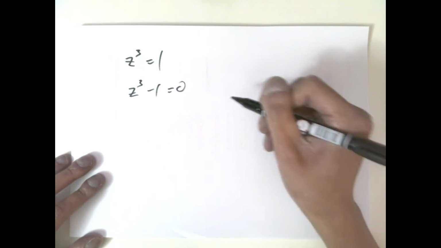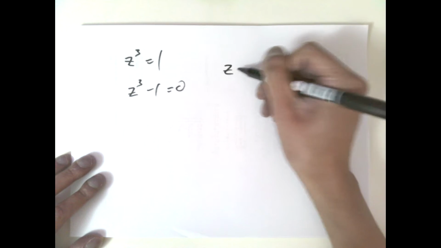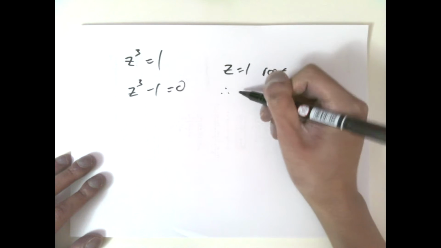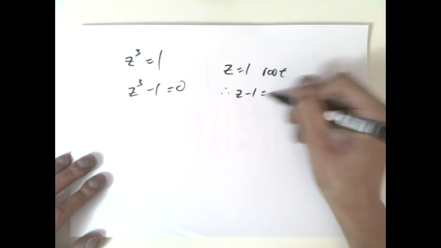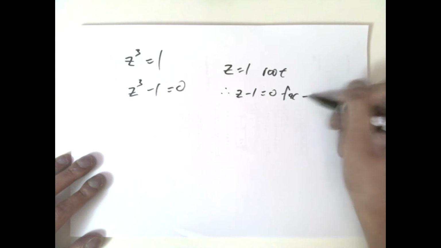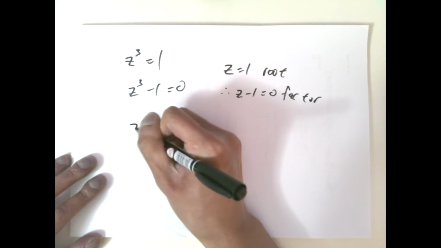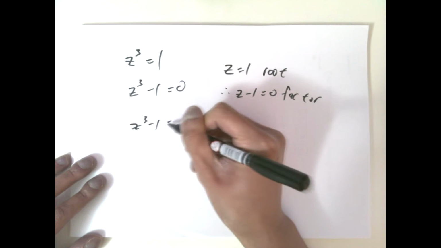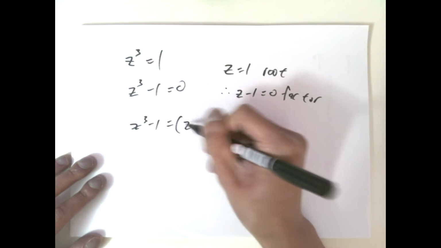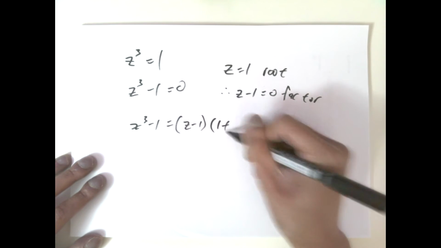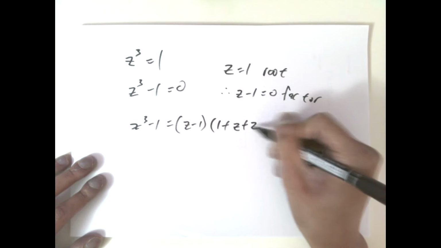Well, we know that z equal to 1 is a root, and therefore z minus 1 is 0 as a factor. We can rewrite z cubed minus 1 equal to z minus 1 times this geometric series.